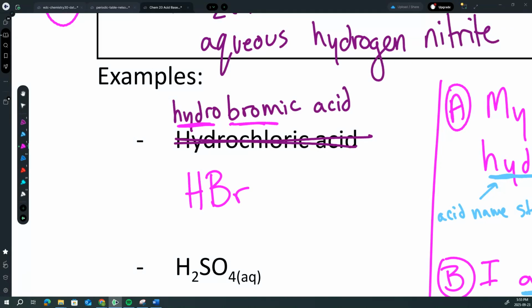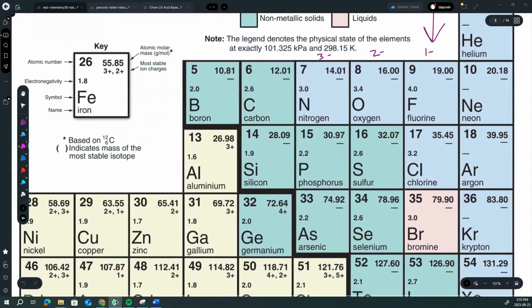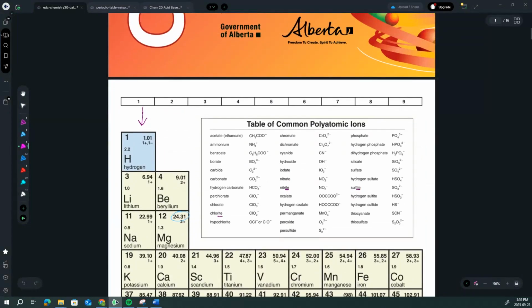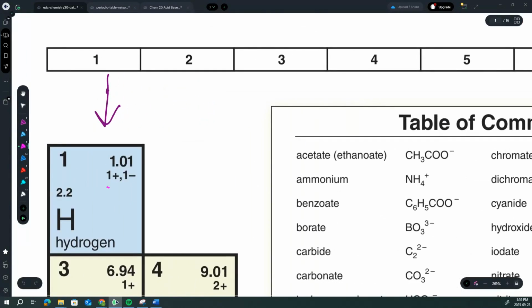Now, hydrogen likes to have a +1 charge. You can see that if you go to your periodic table, check out hydrogen. It does say either a +1 or a -1. A -1 is a hydride, which we are not talking about. We are talking about hydrogen with a 1+ charge.